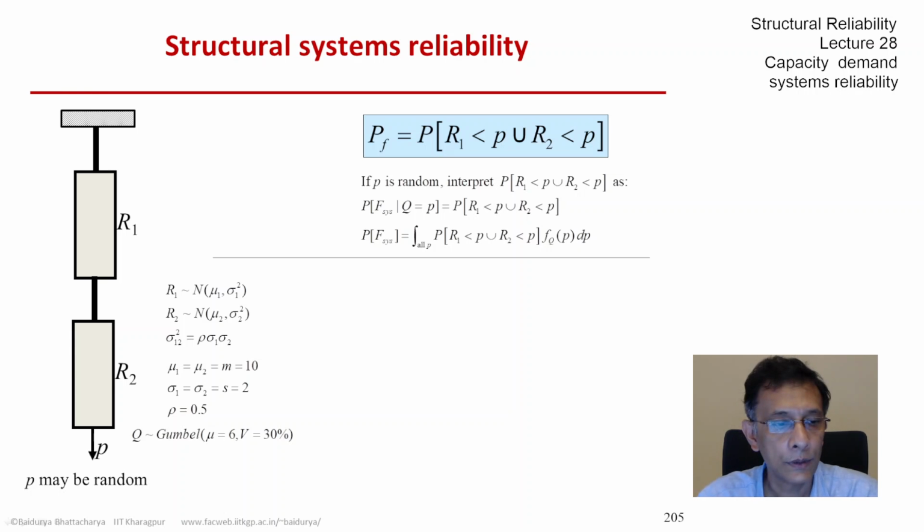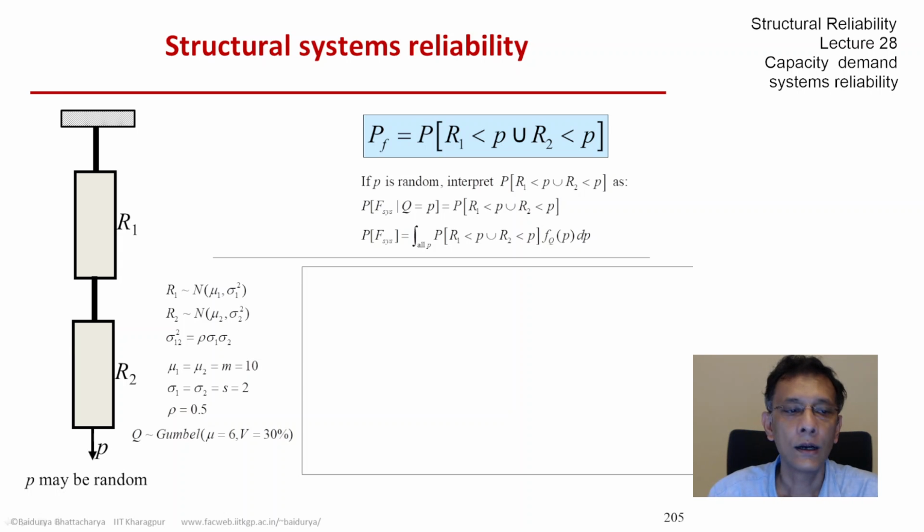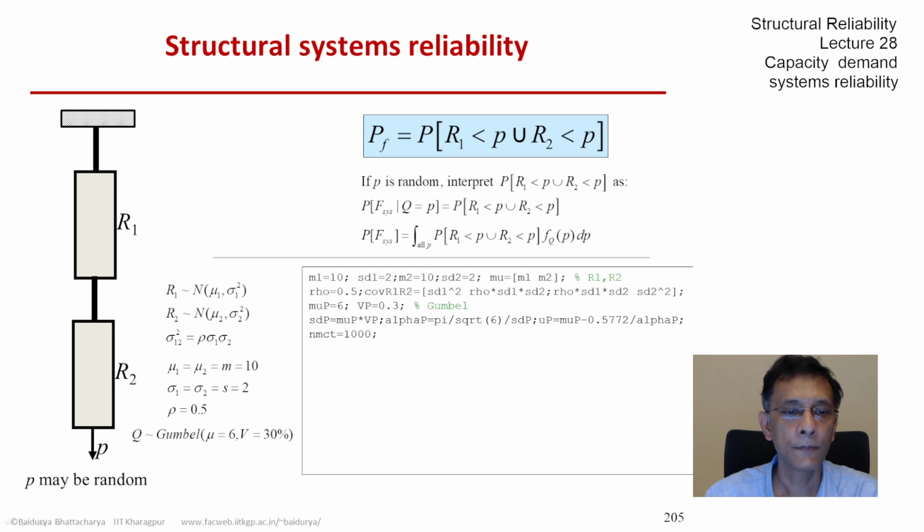The mean is set at 6 units, and the coefficient of variation is rather large, 30%. So that is our Q. Now it's most straightforward to write a small program and do this, so let's see how the code would look in such a situation.